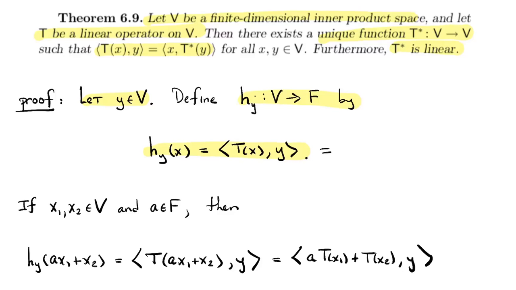If we think about what this function is, all I'm doing is taking the linear map T and composing it with the linear functional G sub y from above. I'm just going to take T of x first and then inner product that against y. So T and G are both linear, so their composition is linear.